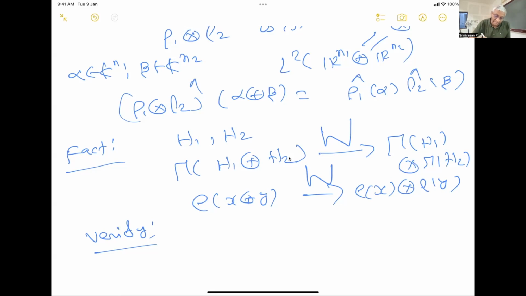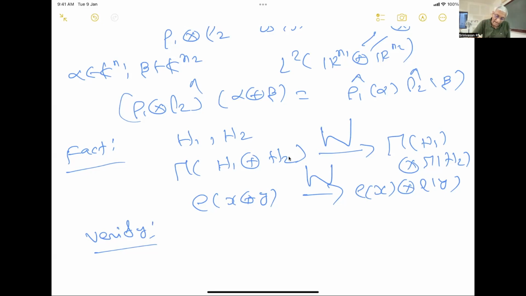And another thing to verify is, if you call this unitary W, which we will forget, most of the time we will not refer to this unitary. We will always treat the Fock space of H1 direct sum H2 as the Fock space of H1 tensor Fock space of H2. We will always treat it under this identification.